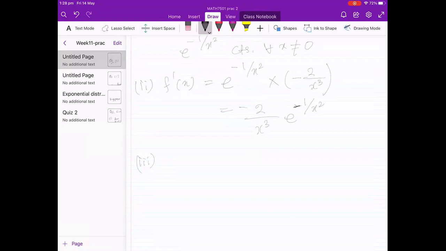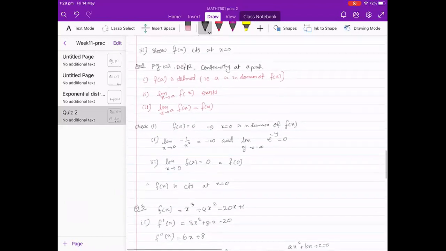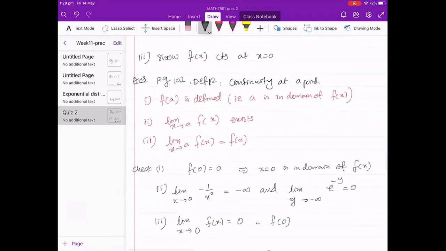What's the definition of continuity at a point? Okay, you got to check, I think I discussed this last week, these three conditions, which is from page 102, definition 12.